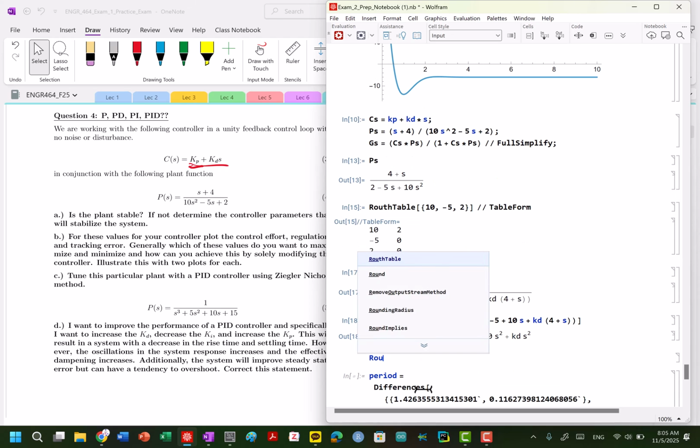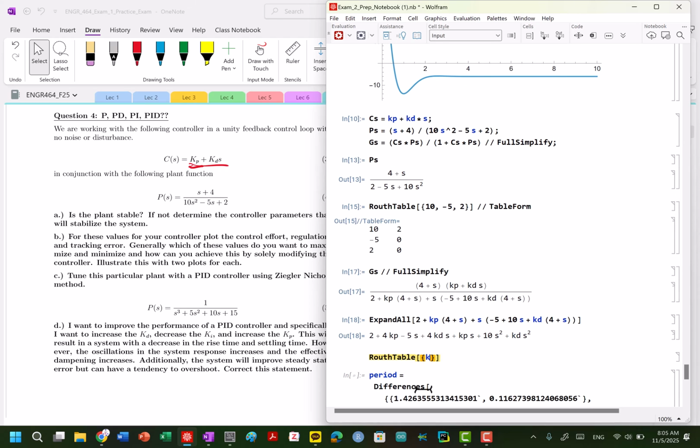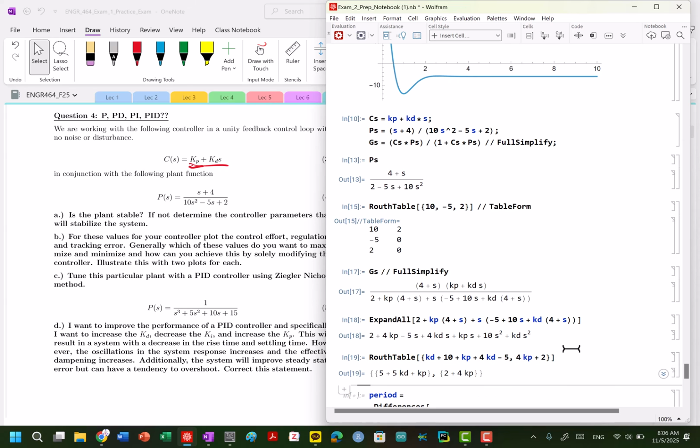So our Routh table here is going to be KD plus 10, KP plus 4 KD minus 5, lots of S terms in there, minus 5, and then it's going to be 4 KP plus 2.